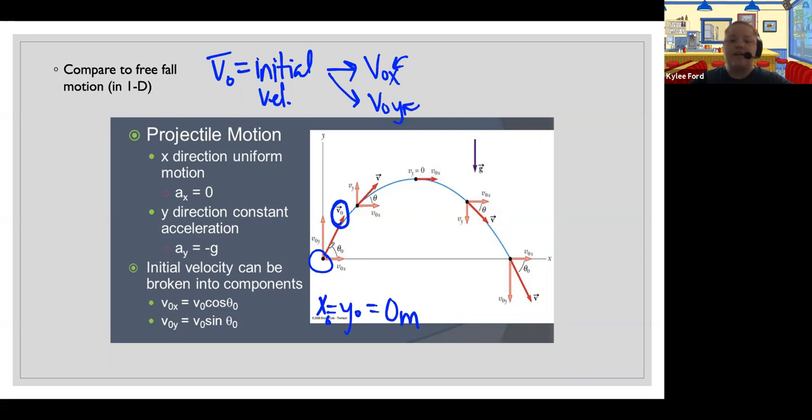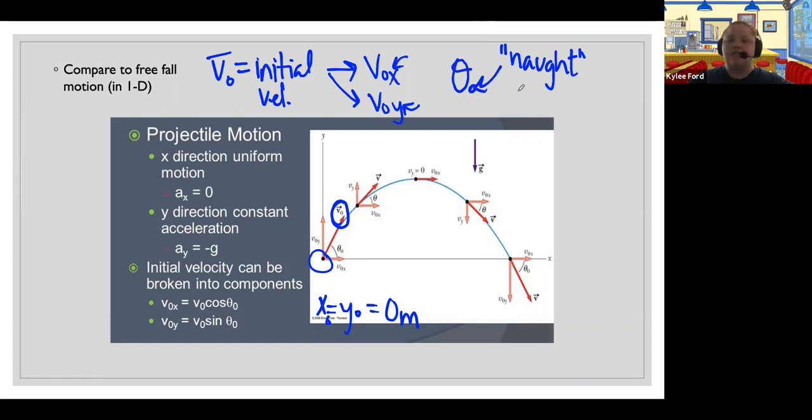We can even describe that angle at the beginning, and that angle is going to be our initial angle at which the ball, or whatever it may be, is thrown, kicked, or launched. So all of these values are going to be our initial values, and the way you tell is by this little 0 right there, pronounced "naught."